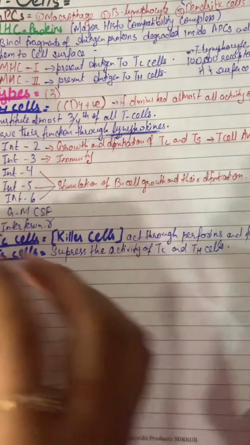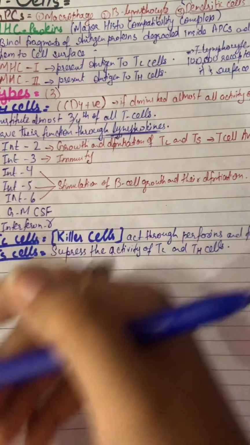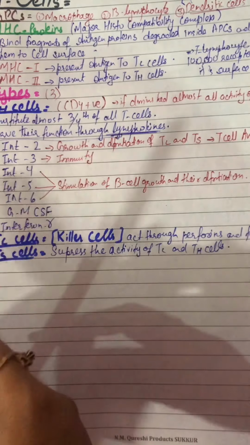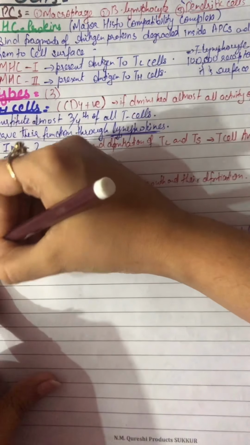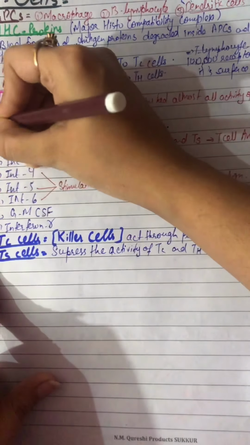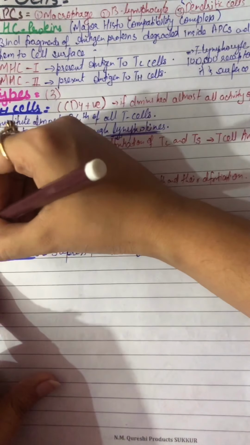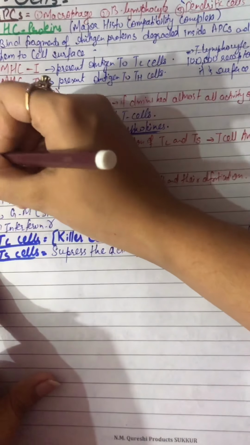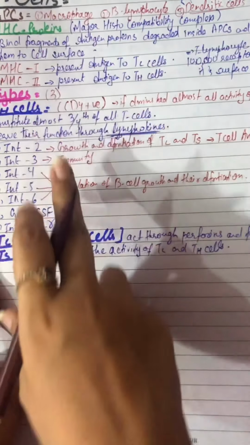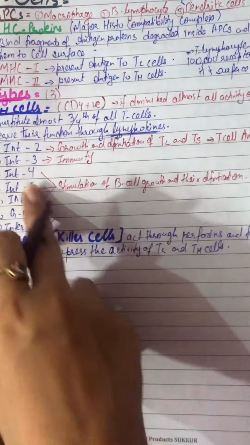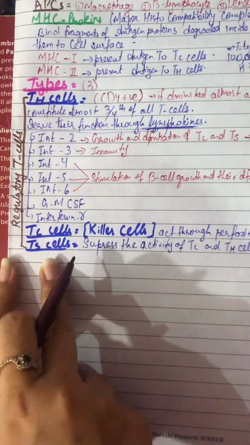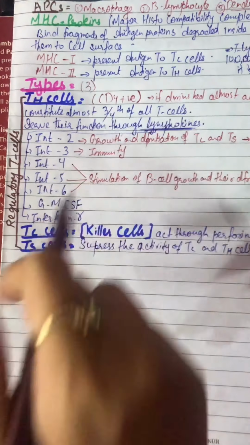Right, yes, one more point noteworthy is that the Th cell and the Ts cell, these both are the regulatory T cells, because they regulate the growth of all these, while the Ts cells regulate the activity of these both.